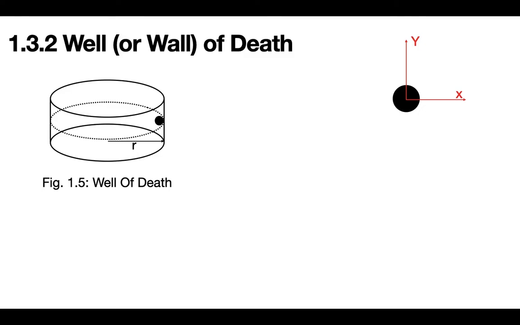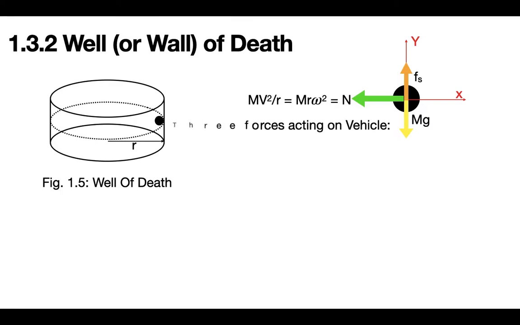Again, we can attach the frame of reference to that biker, and the obvious forces acting on it are, of course, the weight, the friction force and the normal reaction from the wall. So these are the three forces acting on the bike or the point mass.